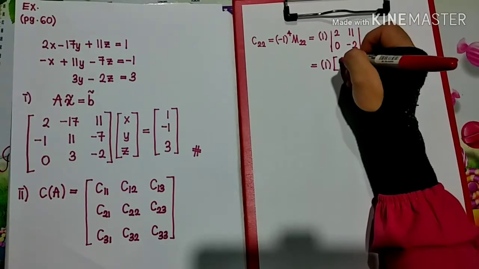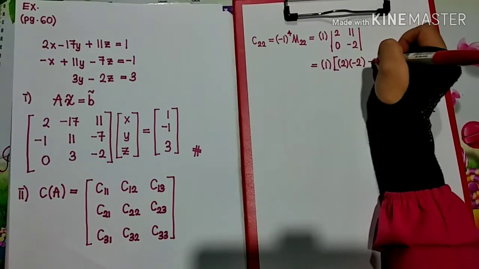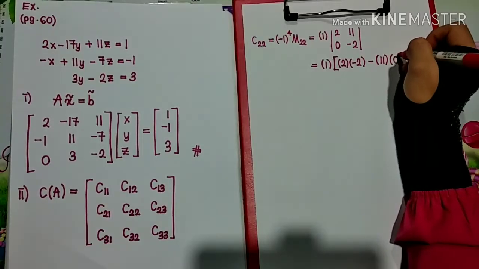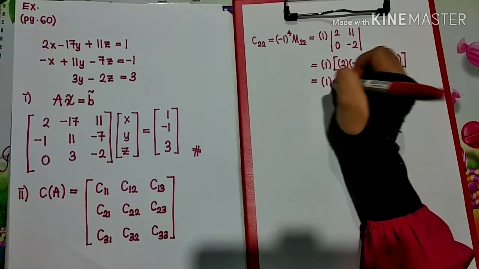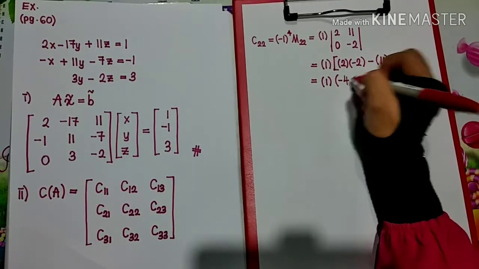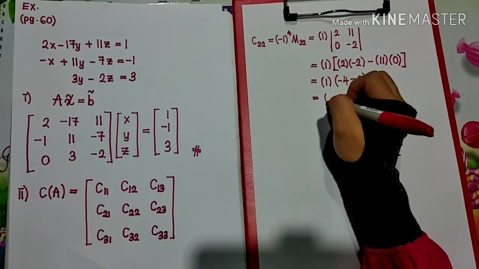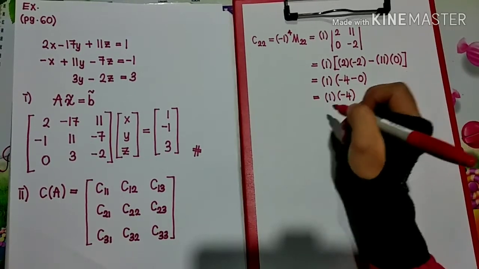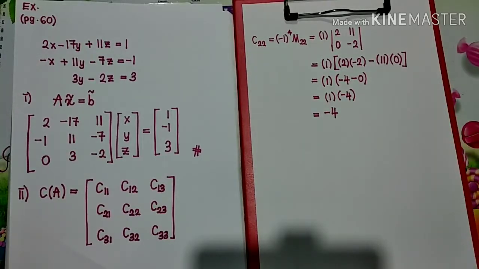So 2 here multiply with negative 2 minus 11 here multiply with 0. So 1, 2 multiply with negative 2, you will get negative 4 minus 0. So negative 4 minus 0, negative 4. 1 multiplied with negative 4, you will get negative 4.